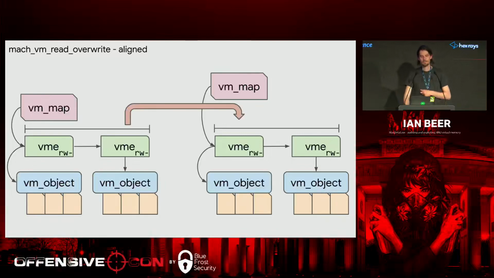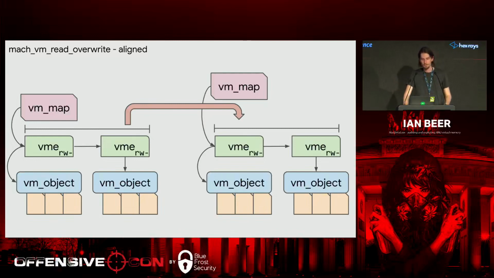And you can probably imagine that in this case, there's all kinds of virtual memory tricks that you could play here. You could maybe just move the VMEs themselves, or you could update the pointers of those VMEs to point to the VM objects, or you could copy the pages over. There are already a lot of ways that you could implement this and a lot of things that could go wrong.